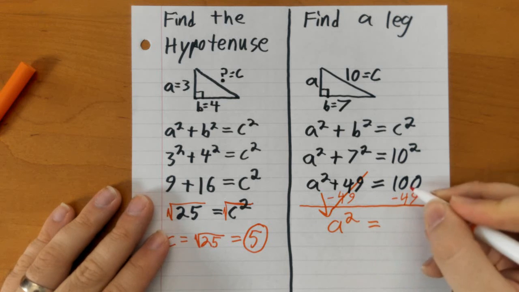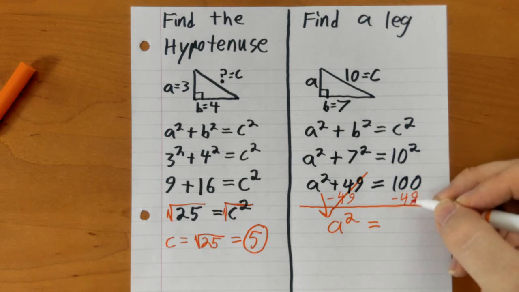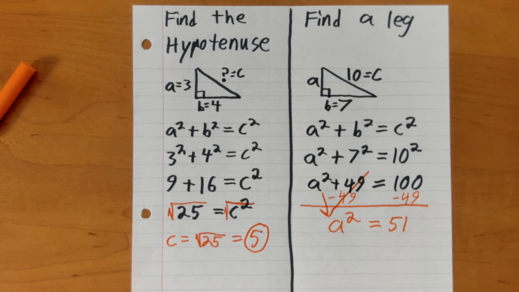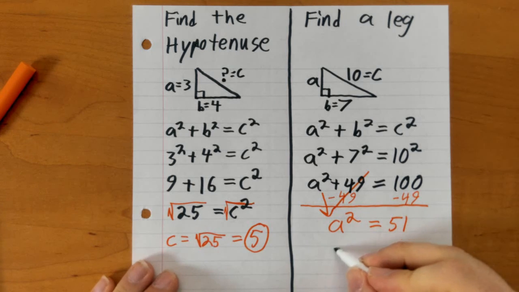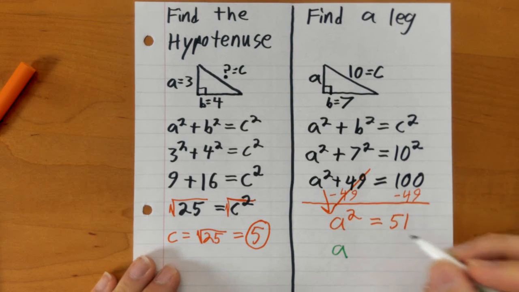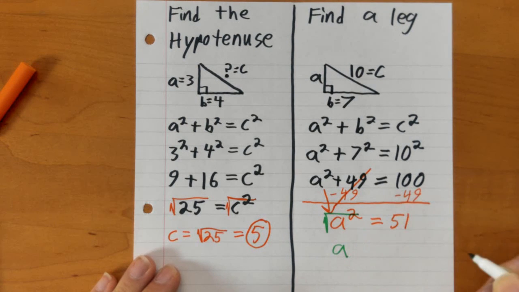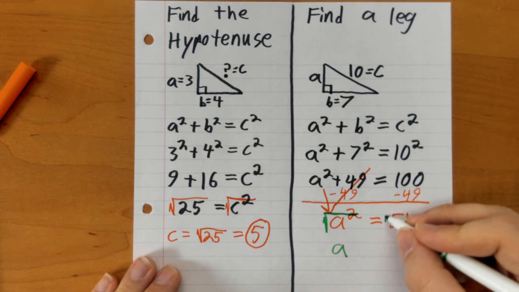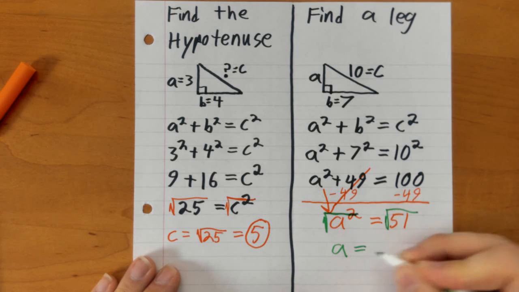So a squared here is going to be equal to 100 minus 49, which is 51. As I mentioned before, in order to find just what a is, because we want a by itself here, we're going to do that square root, right, to cancel out the squared. And we do that on each side. So a is the square root of 51.